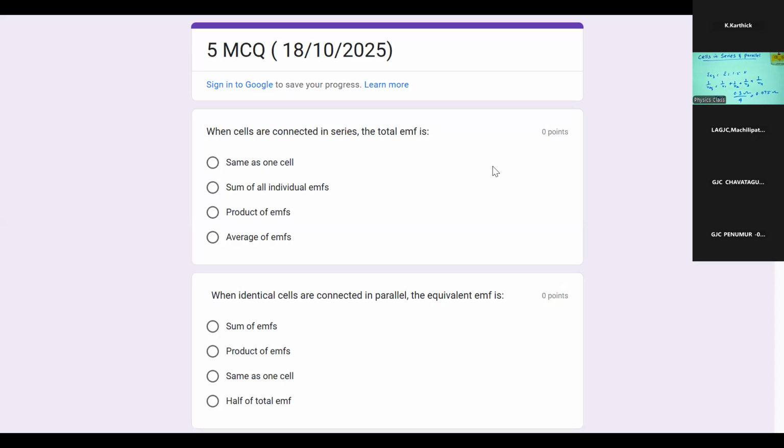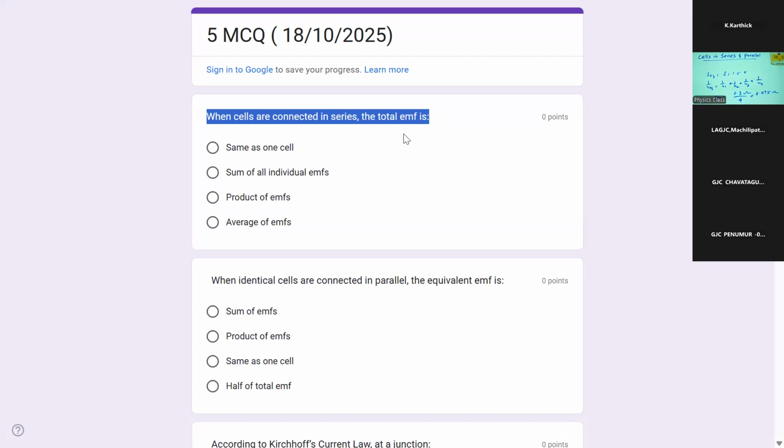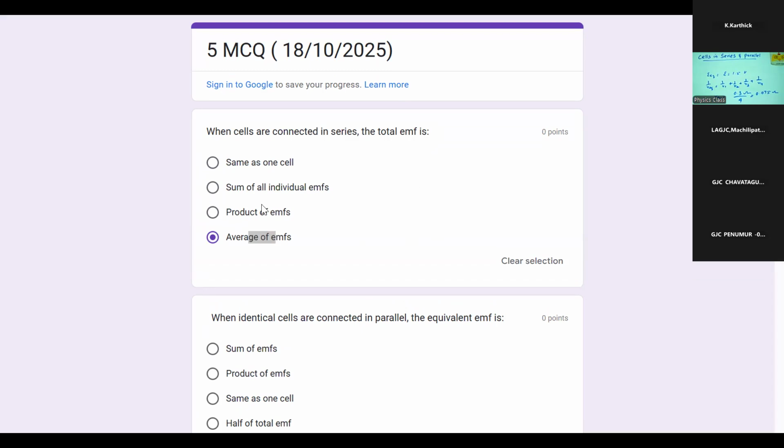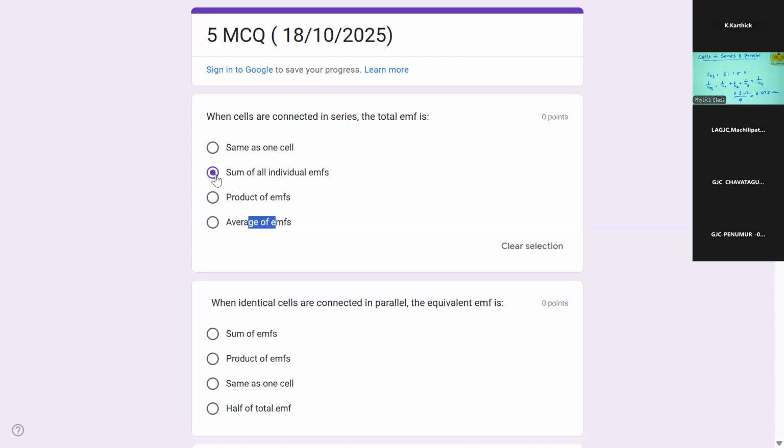So first one, when cells are connected in series, the total EMF is: same as one cell, sum of the individual EMF, product of EMF, average of EMF. Which one is correct? Very good. B. Yes. Sum of the individual EMF. Yes. Good. Correct. Right.